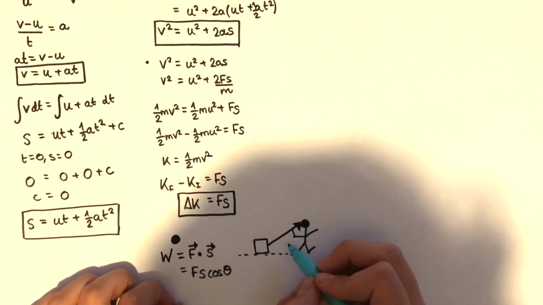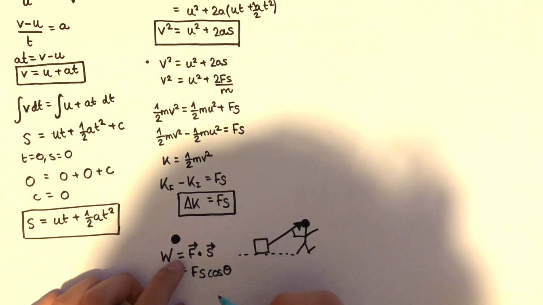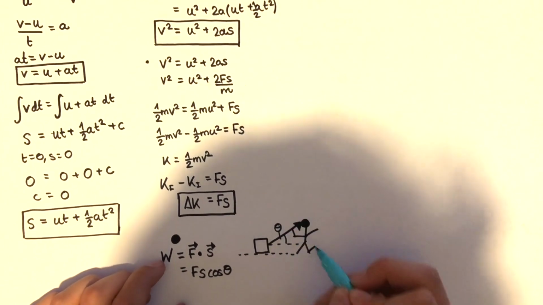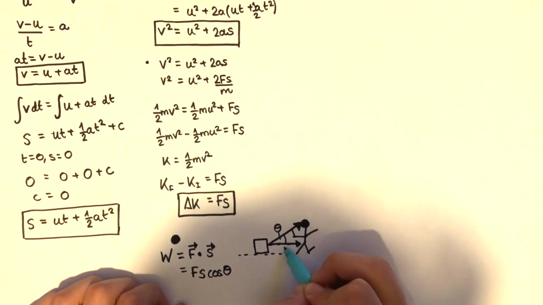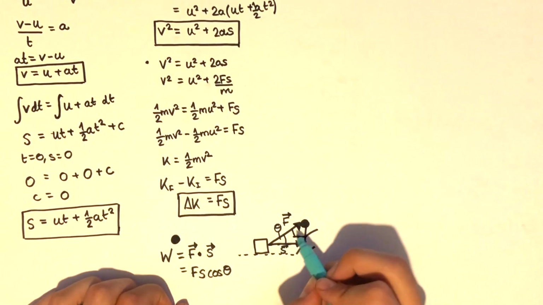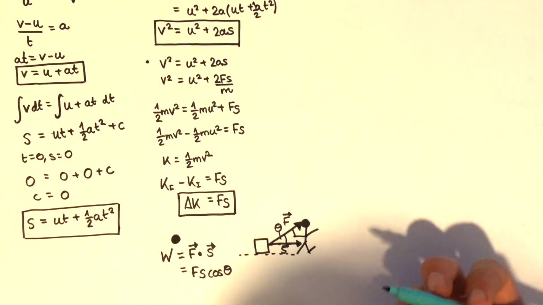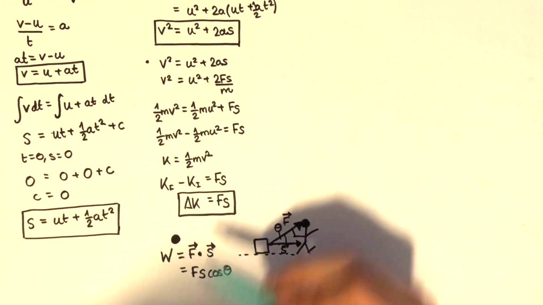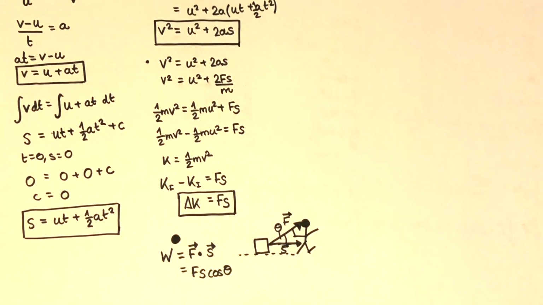And so the only useful work is Fs times the cosine of this angle right here, because the displacement is going to be in this direction, so that's s, but the force is acting in this direction along here. And so any vertical part does not contribute to the work done. So the useful work done is the force dotted with the displacement.